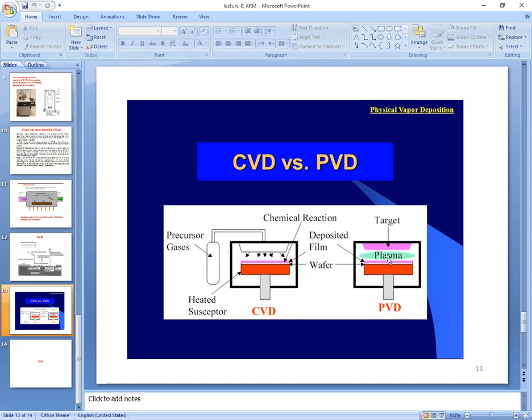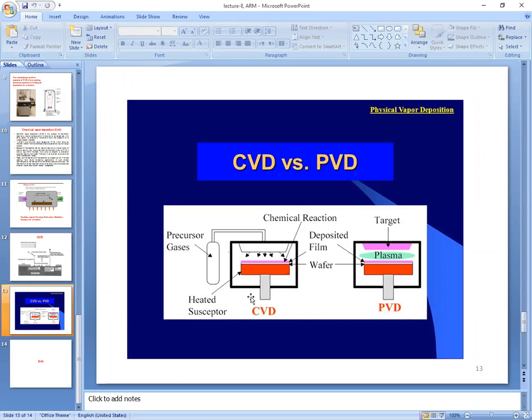You can say by sputtering or by thermal evaporation, and then they are deposited on the substrate. So in this, there is no reaction, while in the CVD, there is a reaction. There is another difference, that PVD needs a vacuum, while the CVD usually does not need any vacuum chamber.